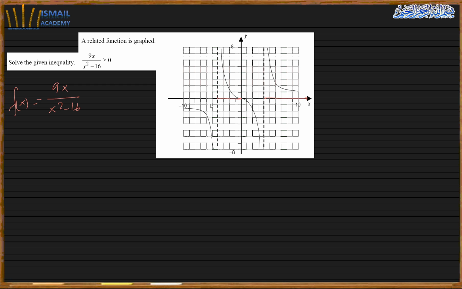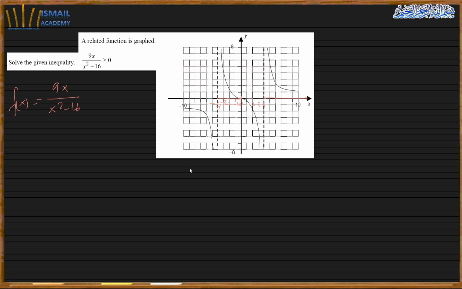This is -4, so this is -1, -2, -3, -4, and this is 1, 2, 3, 4, and this goes to infinity. As you see here, between -4 and 0, because here we have equal, so I'm going to include the 0, it is positive, and from 4 till infinity is positive.